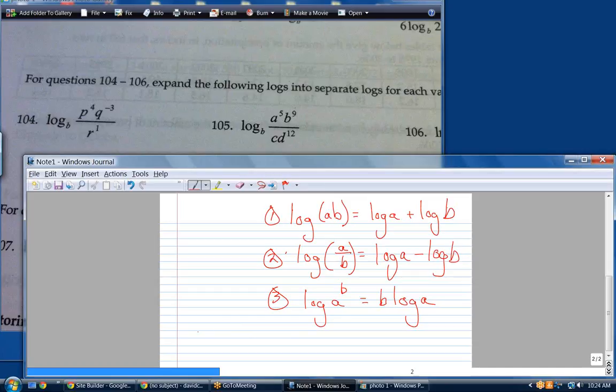So all we're doing is going the other direction. We've got three things as part of this argument, so we're probably going to have this one plus this one minus this one.